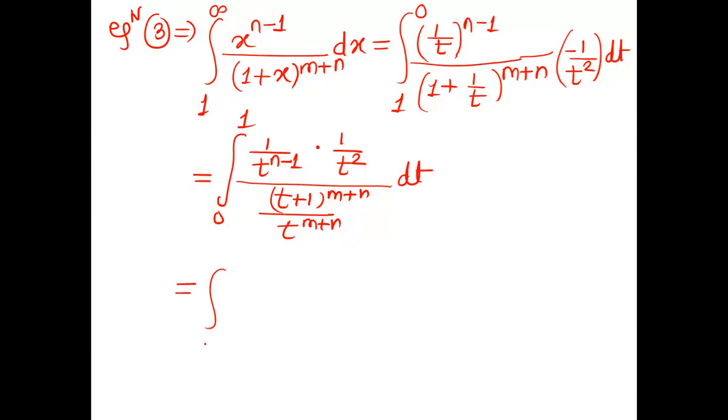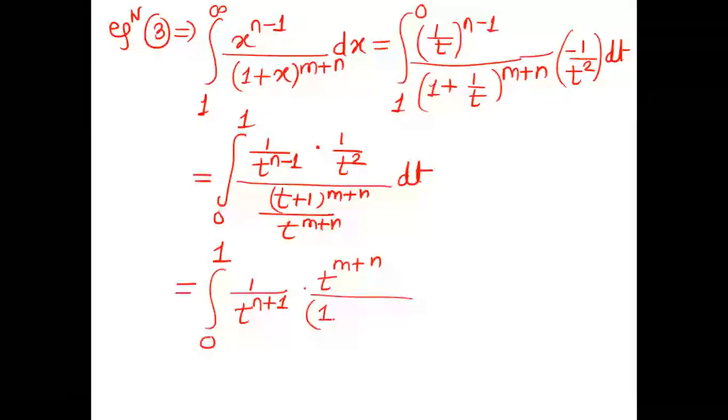Let's further simplify it. See, is there any cancellation or not? The power of t here is n minus 1 plus 2, so that is n plus 1. And here also t to the power m plus n. So what we are getting here: 1 upon t raised to power n plus 1, and then this goes in the numerator, so t raised to m plus n upon 1 plus t raised to power m plus n dt.